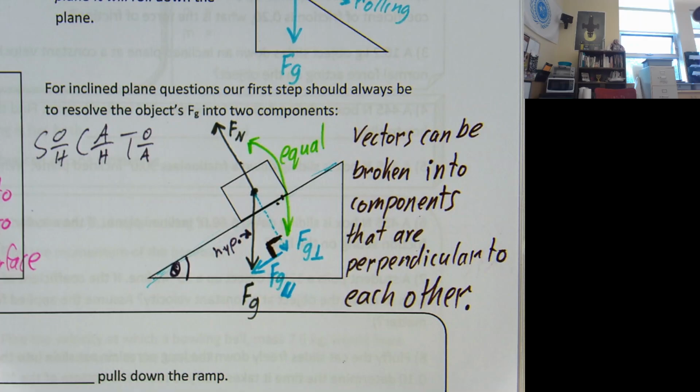The angle that you have for the triangle would directly affect the angle for FG perpendicular.